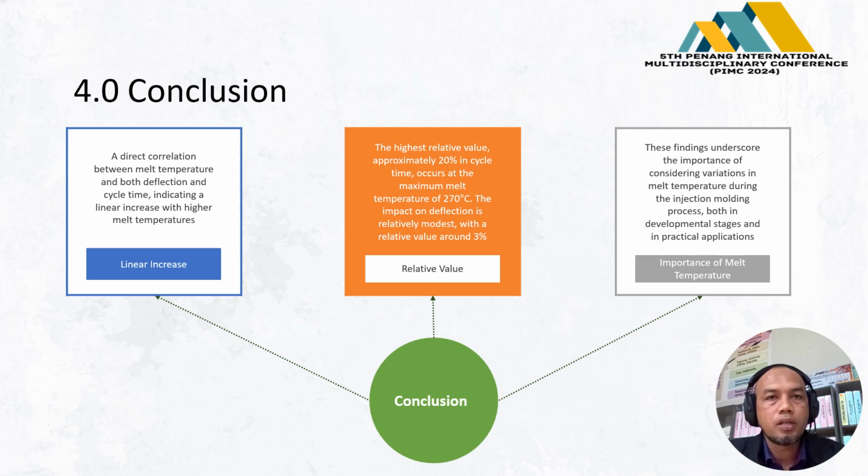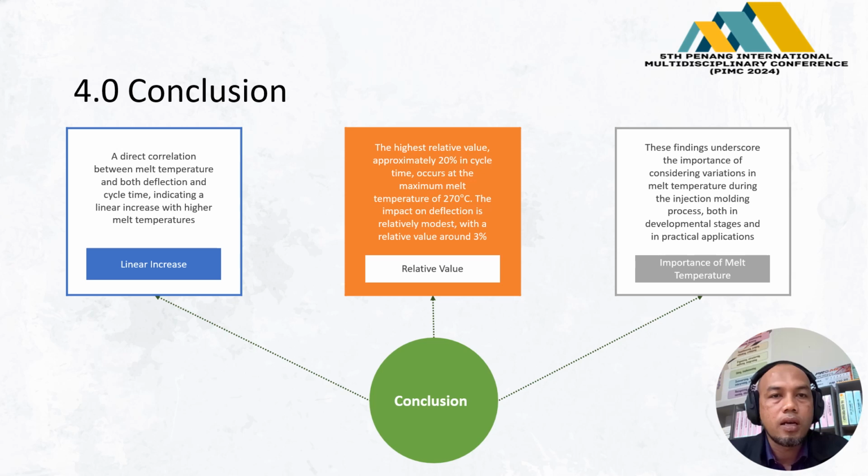In conclusion, the current study has shown that first, there's a direct correlation between the melt temperature and both deflection and cycle time, showing a linear increase with higher melt temperatures. Second, the highest relative value, approximately 20% for cycle time, is observed at the maximum melt temperature of 270 degrees Celsius.